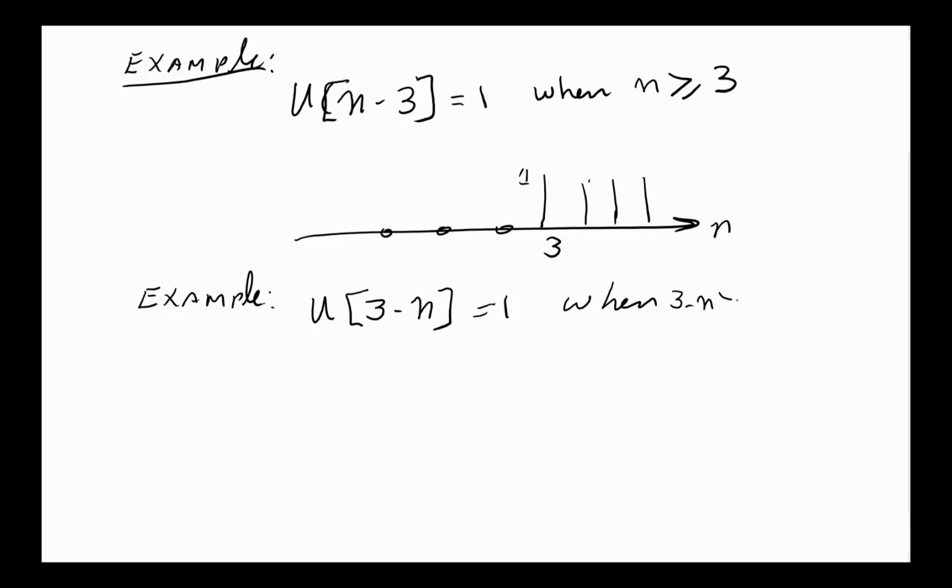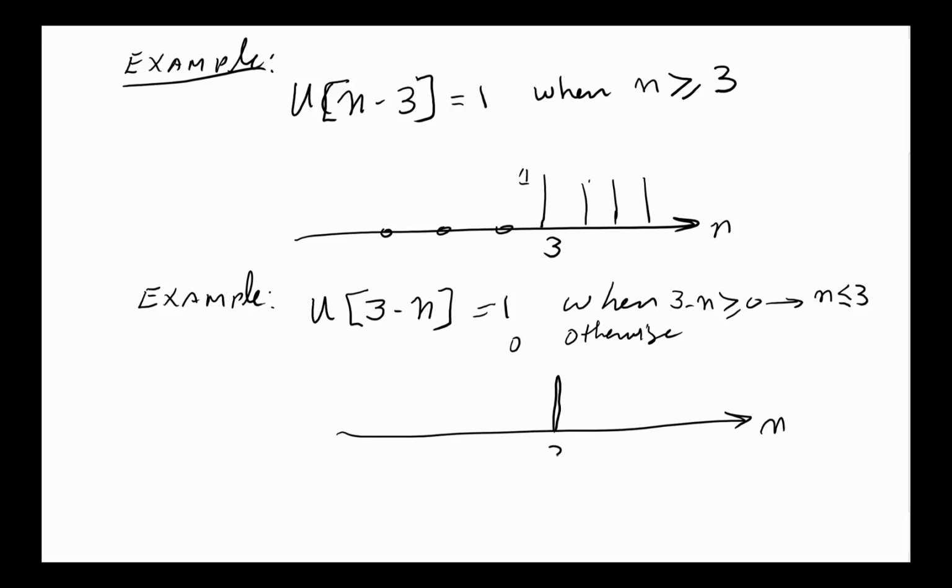If you do that, we see that n has to be less than or equal to 3 in order to be 1. I didn't write it for the previous one or here, but otherwise, if n is not less than or equal to 3, it's 0. But notice what happened now. If this is n, this thing starts at 3, it's 0 above 3, and then it's 1 all the way to minus infinity. So always remember the definition.